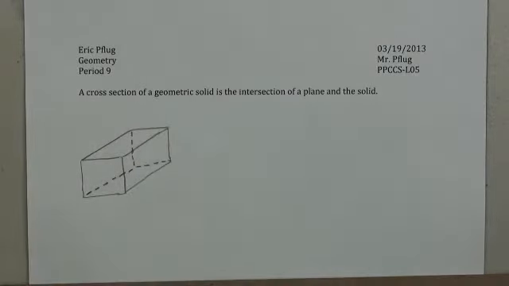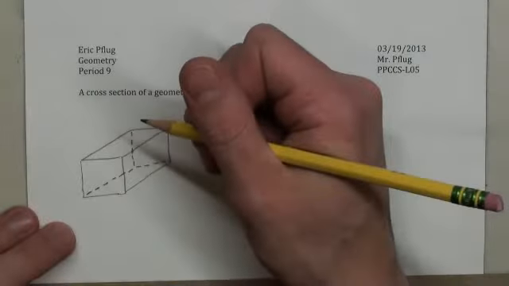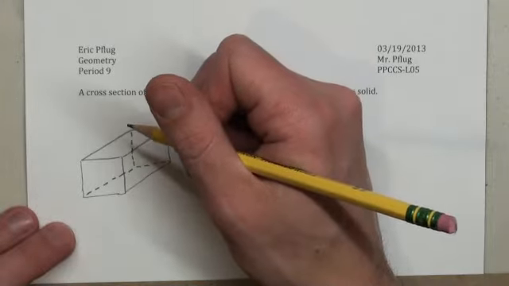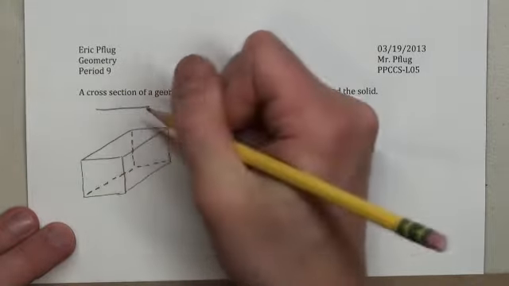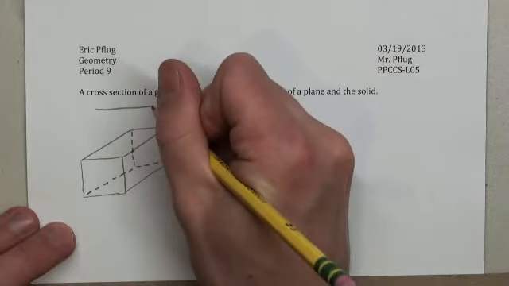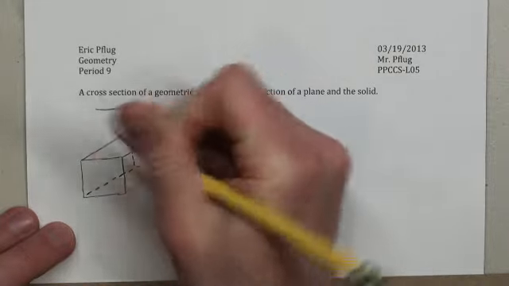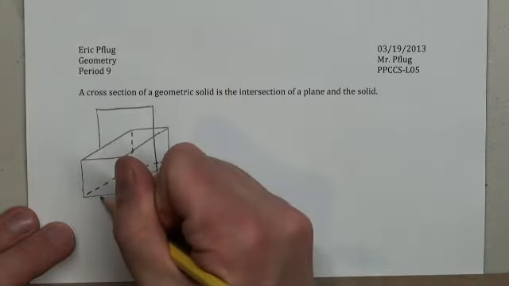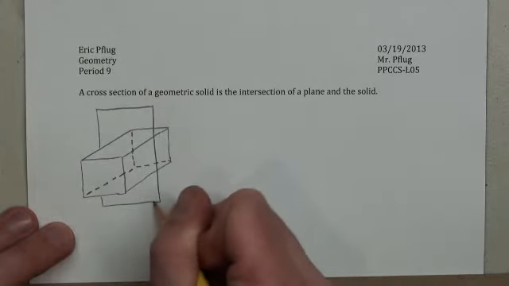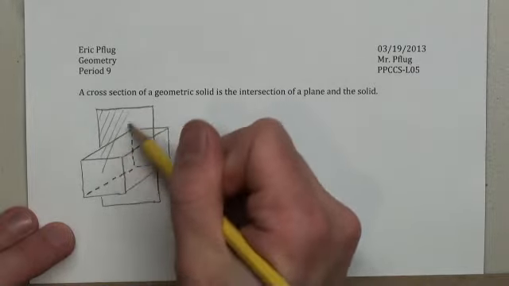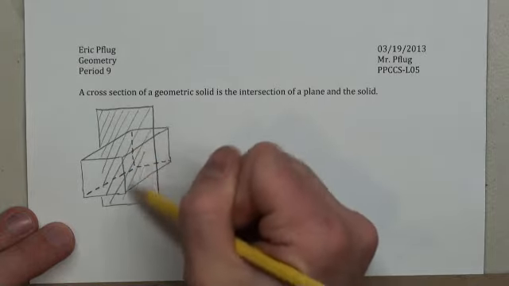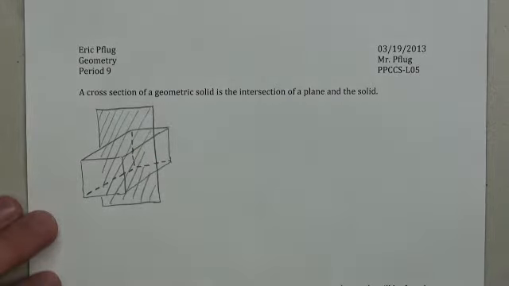Let's say I have this rectangular prism. I can slice that with a plane. So let's imagine a plane coming down and slicing this thing in half.